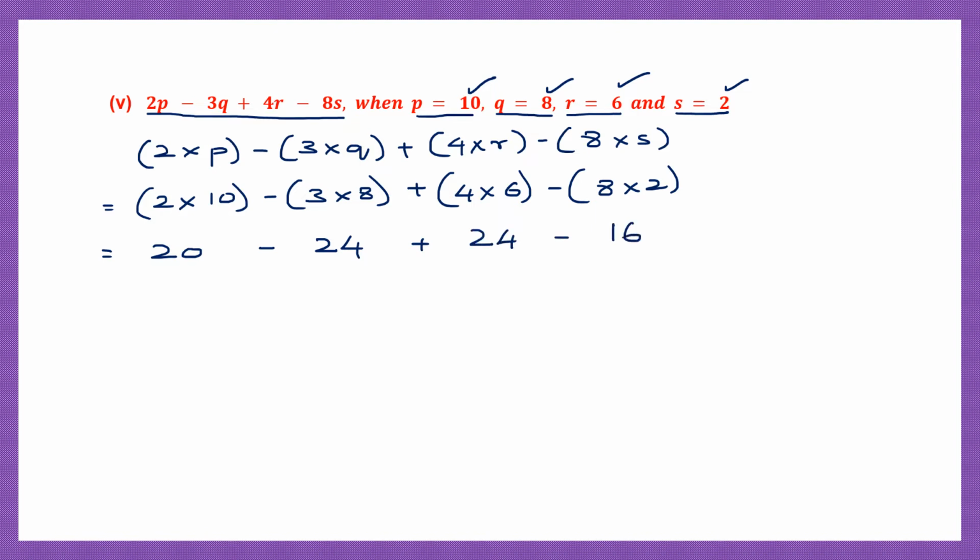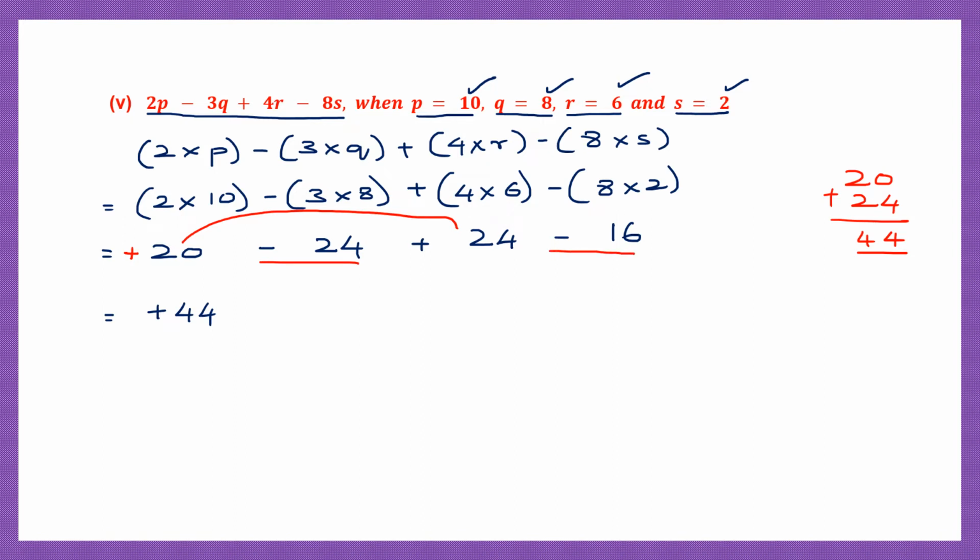Okay, so now 2 tens are 20 minus 3 eights are 24 plus 4 sixes are 24 minus 8 twos are 16. So now let's take the numbers that have the plus sign, that is plus 20 and plus 24. So 20 plus 24 is 44. So we've got plus 44 here. And let's take the numbers with the minus sign, that is minus 24 and minus 16.